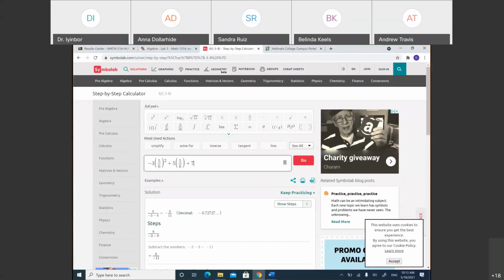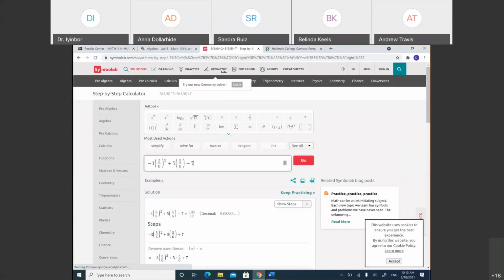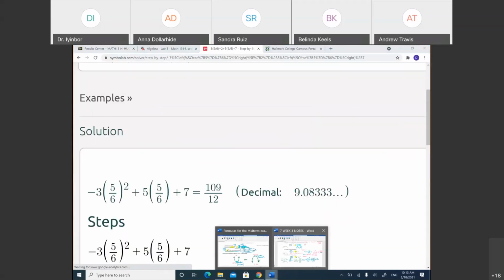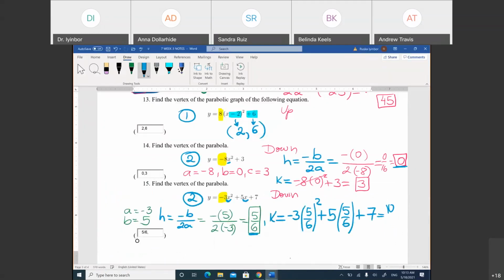So this is my equation, just replacing X with 5 over 6, and just enter it the way it is. It's going to simplify it, and you're going to get the fraction, which is 109 over 12. Whatever you get. And this is my K, the second number for the vertex. I have 5 over 6, comma, 109 over 12. Whatever you get. Okay? Any questions?